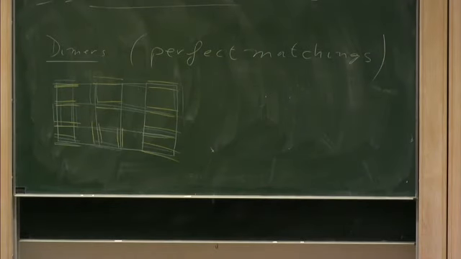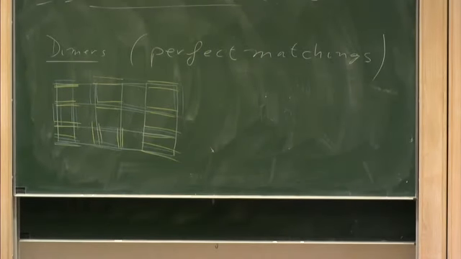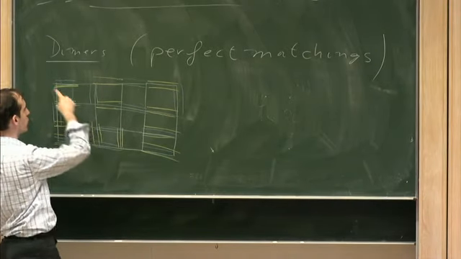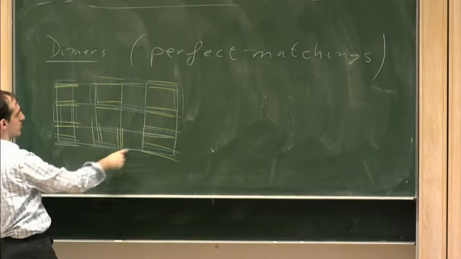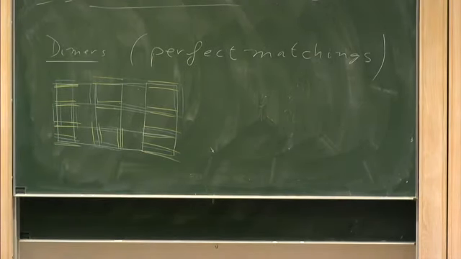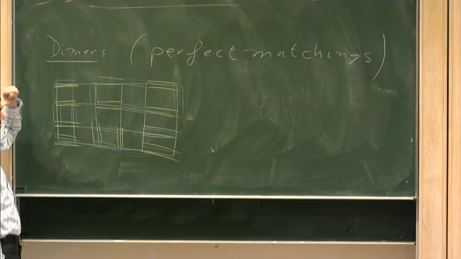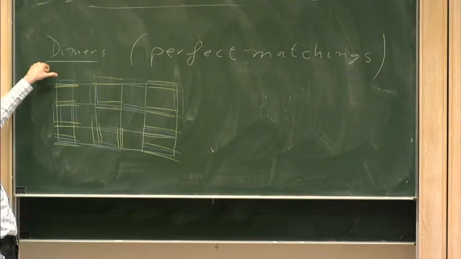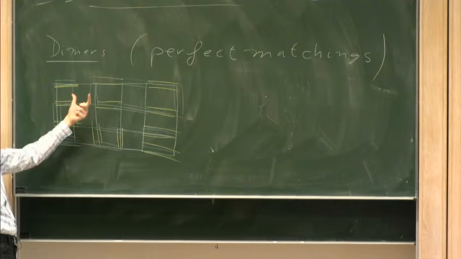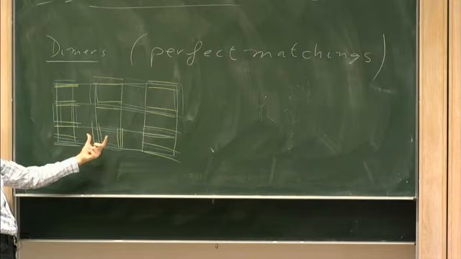So now if we consider the superimposition of these two configurations, what's going to come out is a bunch of cycles like this and a bunch of doubled edges. Okay, so now in the double dimer model, what you do is just you select independently uniformly both the blue and the yellow configuration, and you get a gas of non-intersecting loops plus a bunch of doubled edges.